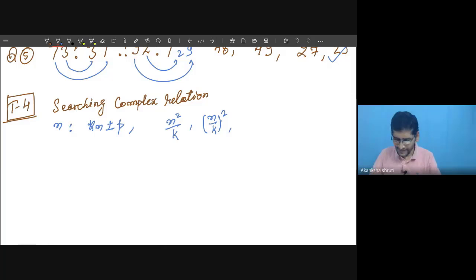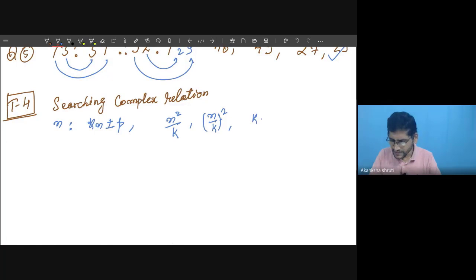These form complex relations. It is also possible to have kn square plus or minus p. So multiplication, addition, division, all this, such kind of relation. Also digit relations, digits with complex.